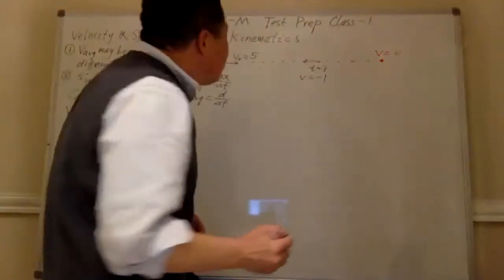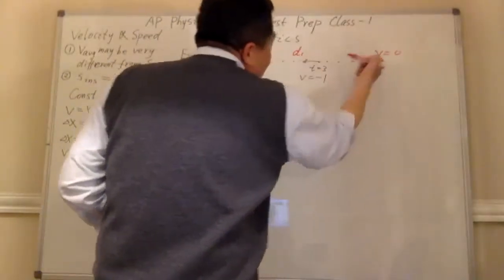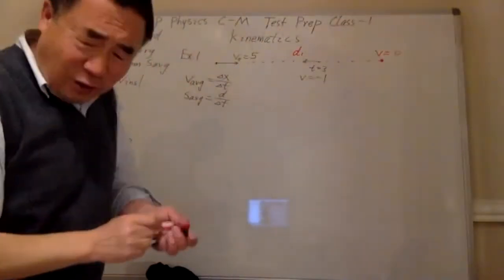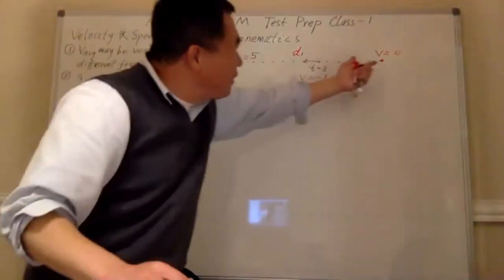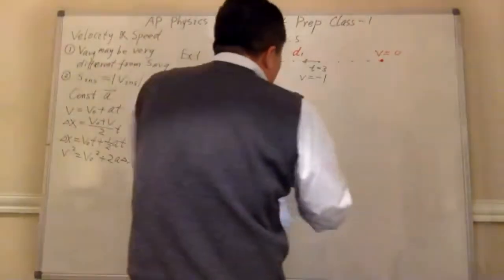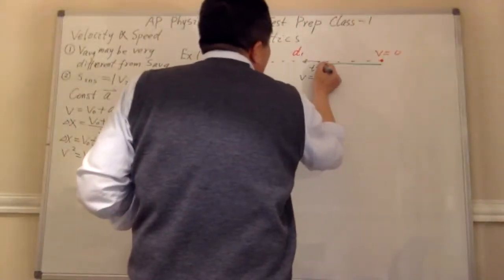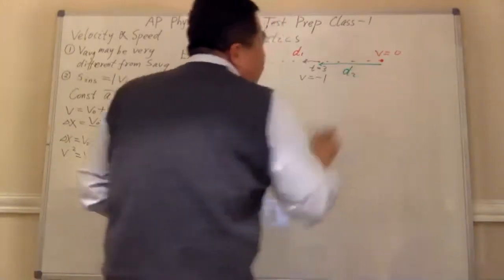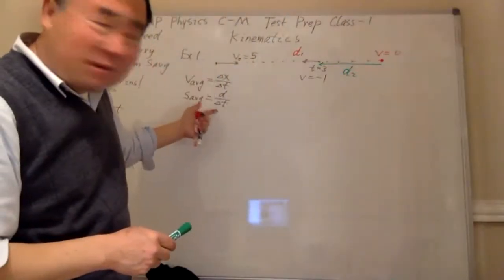That means it covers a first distance d1 to some point where velocity is 0. Then, because it has constant acceleration, it moves back. It gets another distance d2. That's why there is a difference.